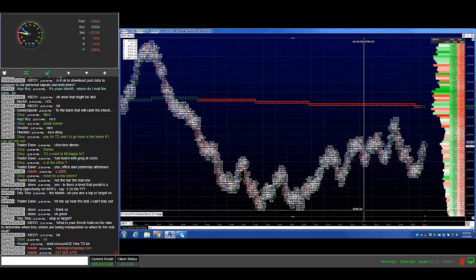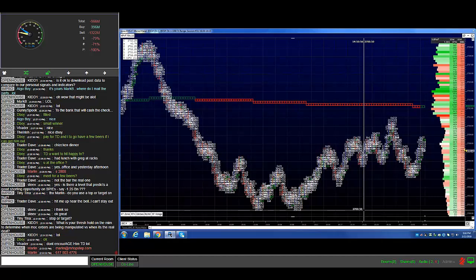I got a big tick up. Well, we don't want that. Ticks have been a little subdued all day.